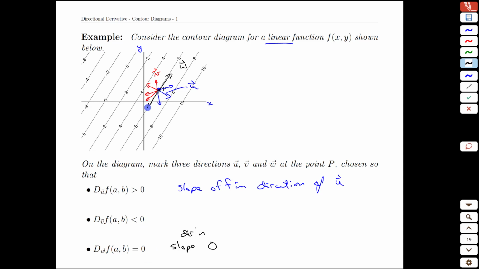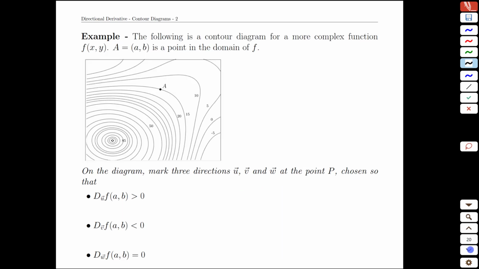There is another option. We could also take w going along the contour in the opposite direction, but there's no wiggle room for it. If we go even a little bit off that path, we're going to end up with either a negative slope or a positive slope. So this is going to be a transition direction between the positive and negative slopes. Not too surprisingly, the 0 value is going to happen between negative and positive slopes.